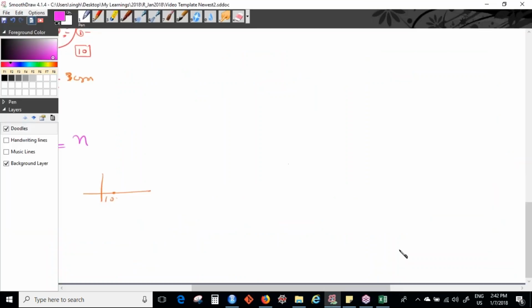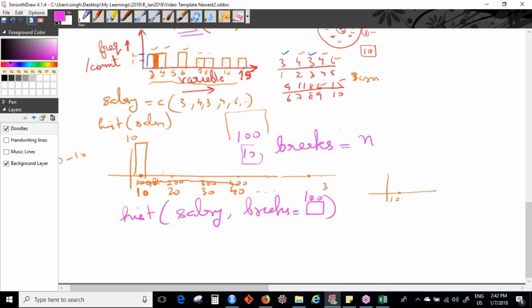Now how will a histogram help us identify missing values, not missing values, sorry. How will it help us identify outliers in our data? So we discussed what outliers are. So what are outliers? Who can tell me? Yes, guys, what is an outlier?